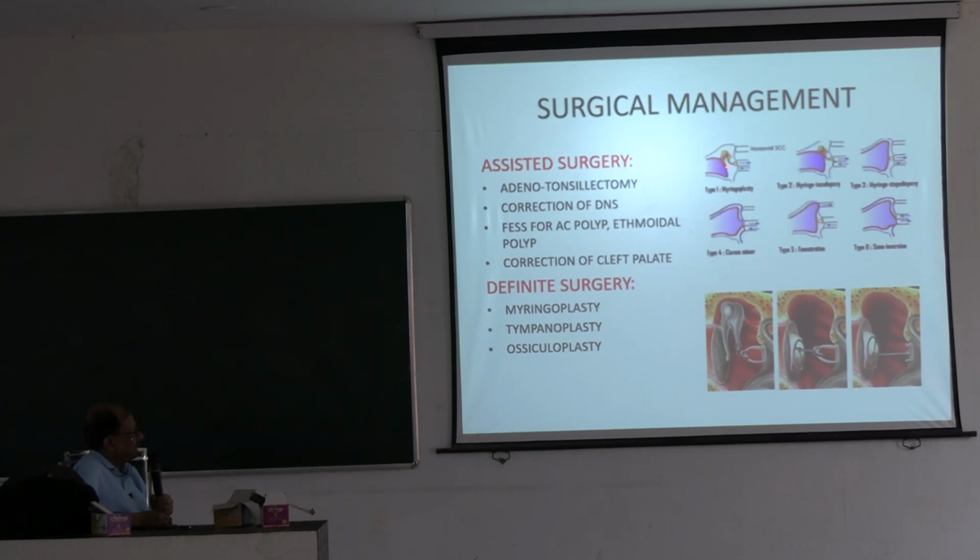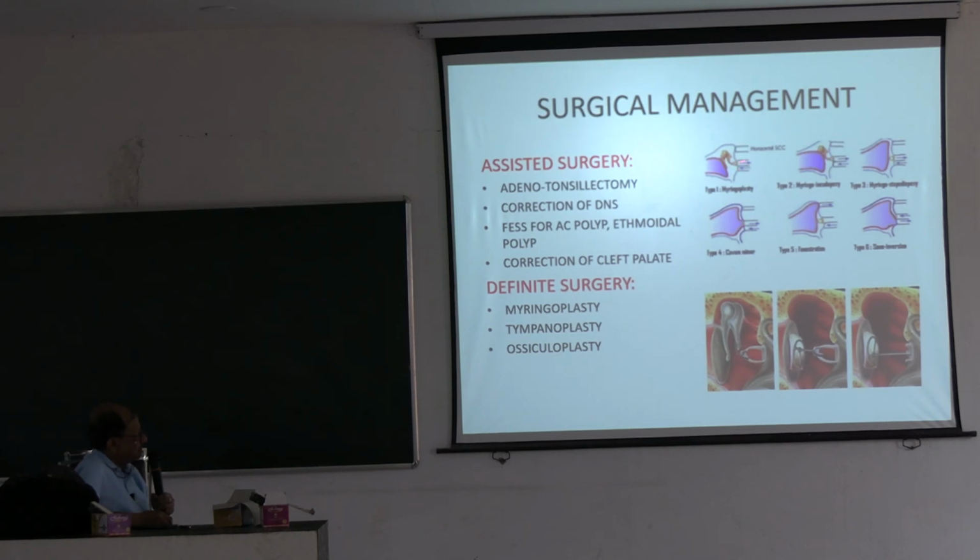This is the handle of malleus. This is incus, this is stapes. The stapes is attached to the scala vestibuli. This direction of arrow, it is scala vestibuli. There is perilymph, and this is scala tympani, and this is round window closed by secondary tympanic membrane.